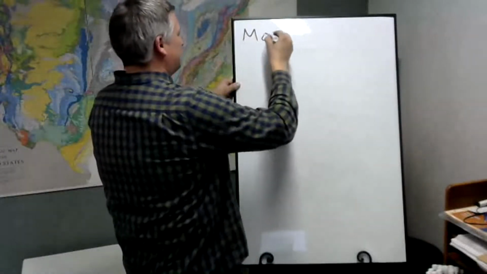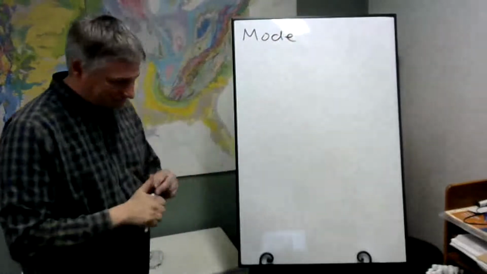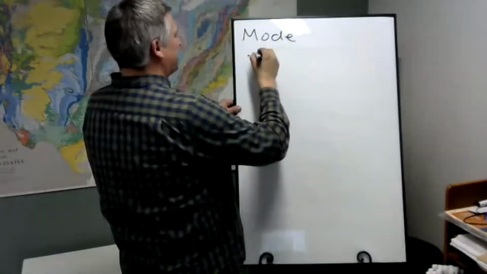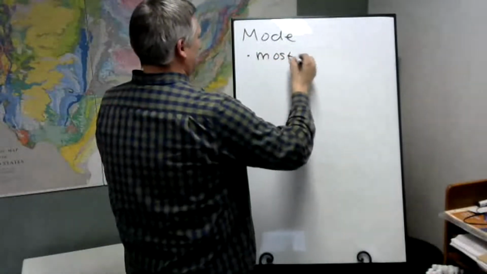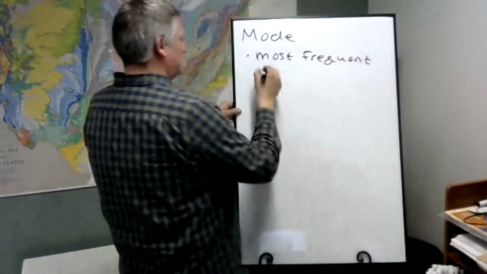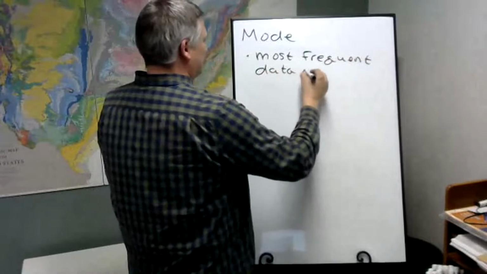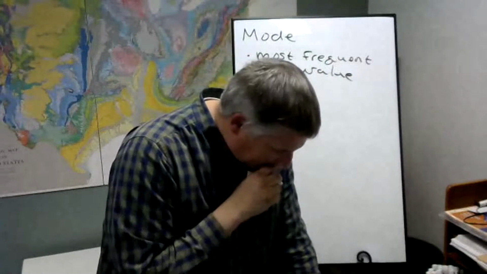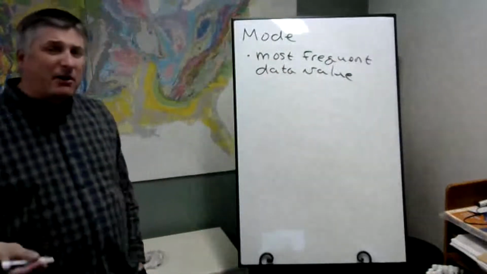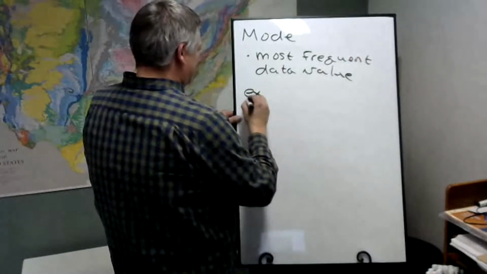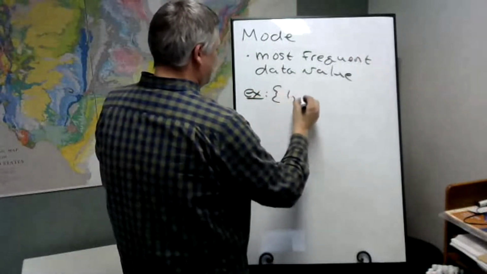So, the mode. Now, the mode is the most frequent data value. And there are different outcomes you can get. Let's take a look at this.